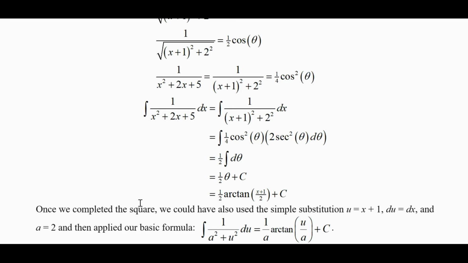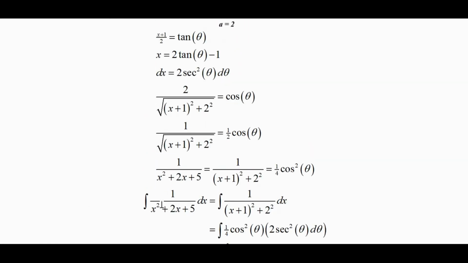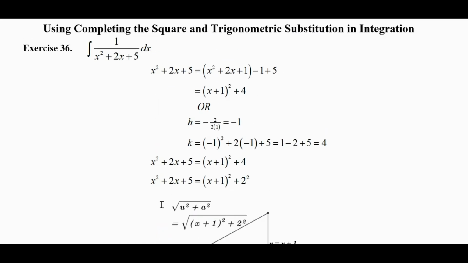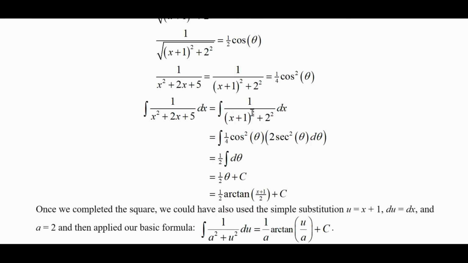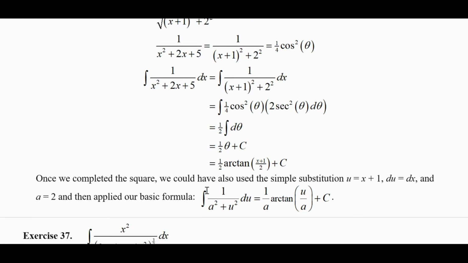Now, in this one here, I wanted to show you the whole technique worked out, but actually, once we did the completing the square, and we got it in this form right here, we could have done a simple substitution, u equals x plus 1, du is dx, and it's in the form 1 over u squared plus a squared, and we know that that is 1 over a, arctangent of u over a.